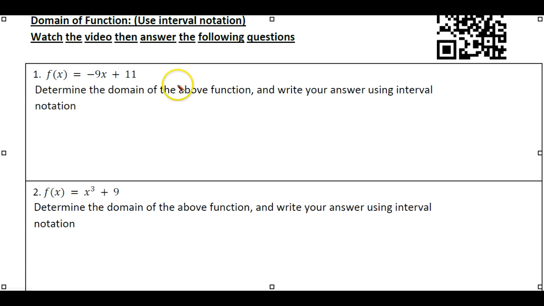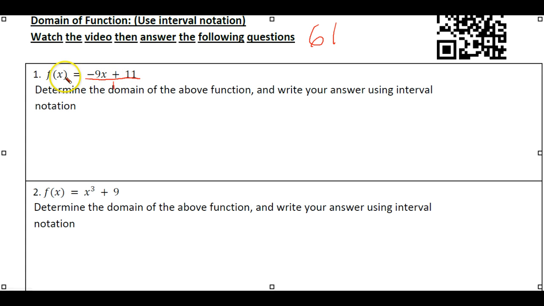Now as we go on to page 61, determine the domain of the function and write your answer using interval notation. Well, the basic rule that we would use here is, keep in mind that we can put anything over 1, and since there is no variable of x in the denominator, no value of x would make this value undefined.